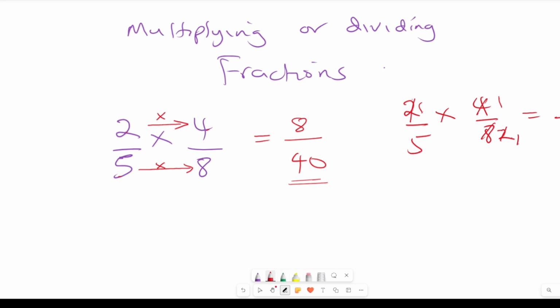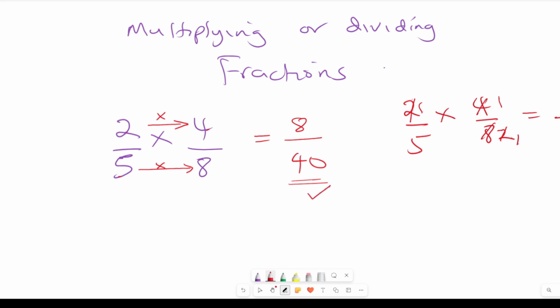And this is a more correct answer because, as I told you earlier, in maths we expect that students will keep their final answers in the most simplified form, especially when they are fractions. If you left your answer as 8 over 40, you are correct.